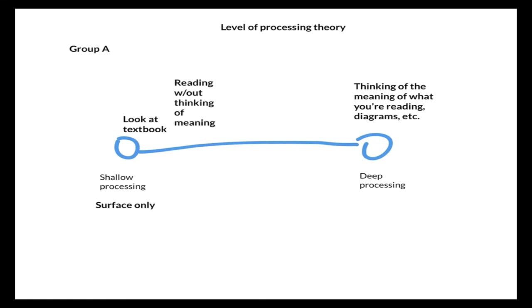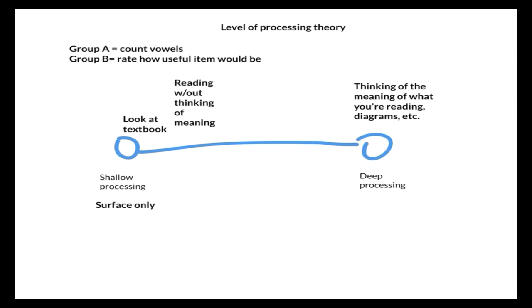To count the number of vowels, you really just have to picture the word and look at it, but you don't necessarily have to think about what it means. In contrast, Group B had to rate how useful the item would be on a deserted island. And that definitely requires you to think about what that item means.